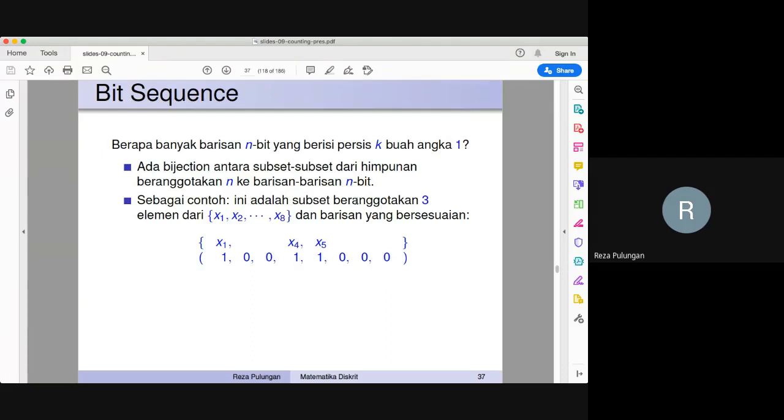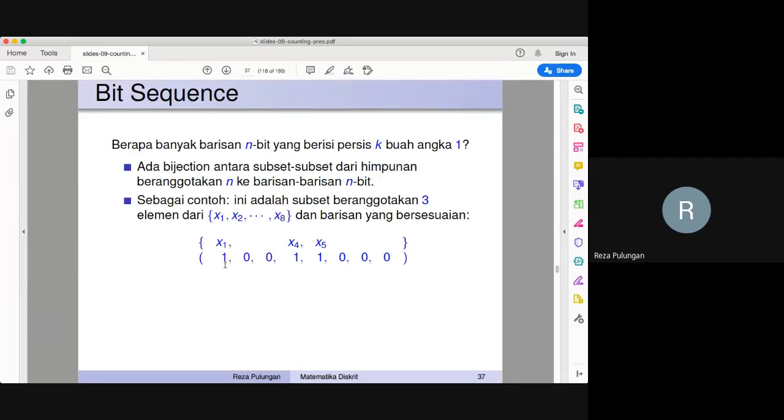This is a subset that contains 3 elements. You have a set originally of 8 elements, x1, x2, x3, and so forth. Now you just want a subset that only contains 3 elements, and these elements are x1, x4, and x5.